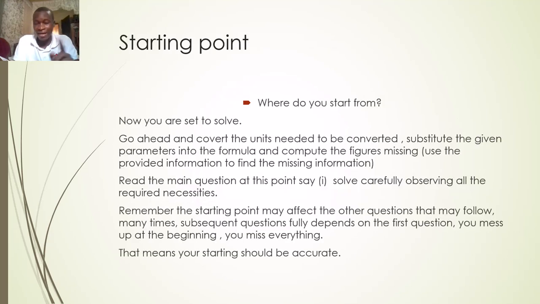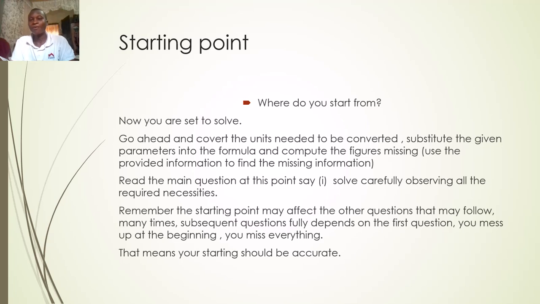Then after analyzing, now where do you start? The starting point. Many students make the mistake, and if you make a mistake in the starting point, then the whole thing may go wrong or get messed up. Now you are set to solve this question. You have analyzed, you've written the formula, you've written down all the parameters, you have noted everything that is needed.